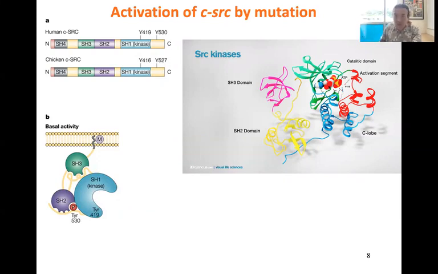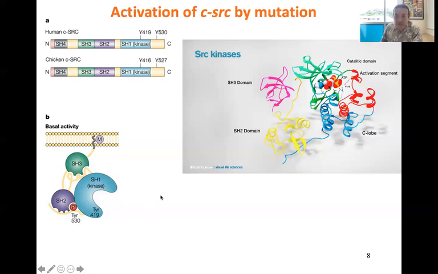Normally, Src is held in this inactive state, where the domains are wrapped up on each other. It's held this way because of the very C-terminus, this yellow bit that wraps around. There's a tyrosine on here, tyrosine 530 in humans, that gets phosphorylated. And that phosphorylated tyrosine sticks very tightly to the SH2 domain and keeps the whole protein folded up this way, inactive.